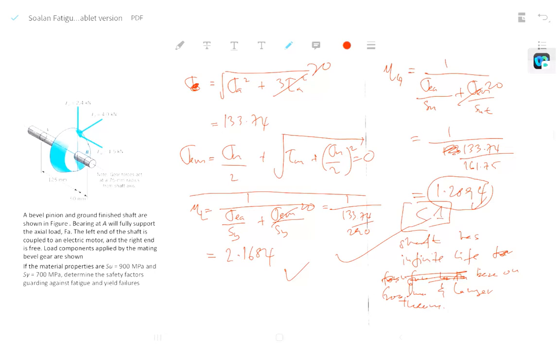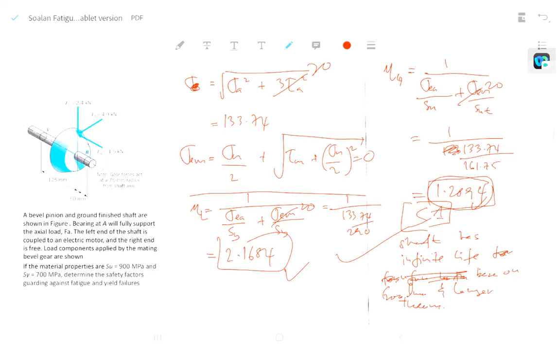So in certain cycles, we could calculate actually which cycle the shaft will fail. But the values we got are both more than 1.